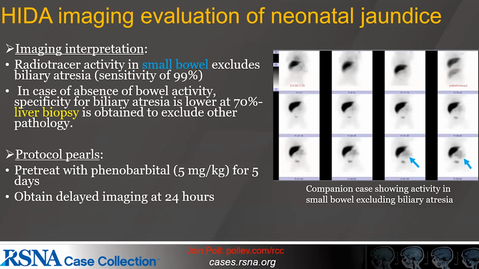But if you don't see bowel excretion, then this would be most concerning for biliary atresia, but it's not 100% specific. Other less common conditions may cause this, including severe hepatitis. They may have this appearance on HIDA. So biopsy is needed to confirm. Pretreating the patient with phenobarbital and extending the imaging to 24 hours are important to avoid false positive scans.